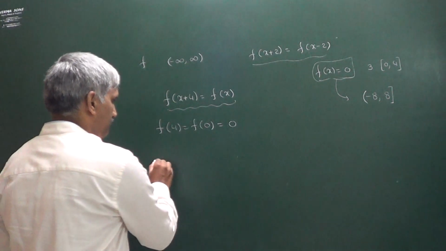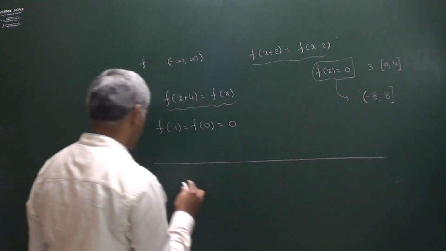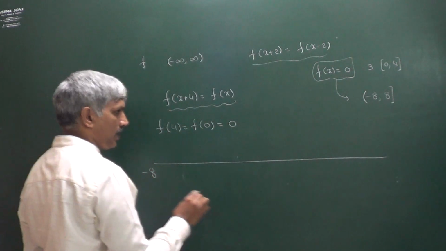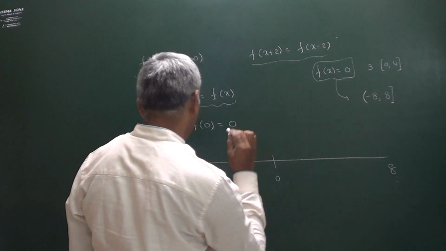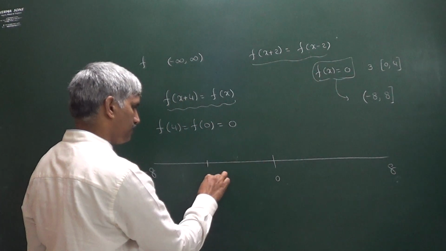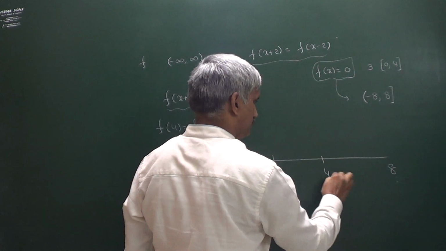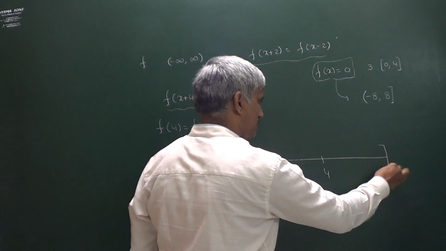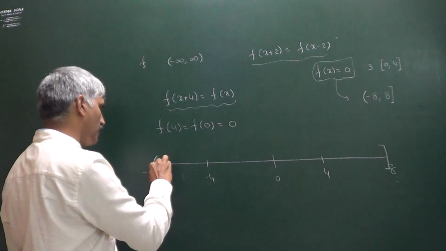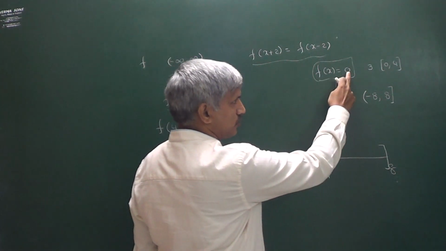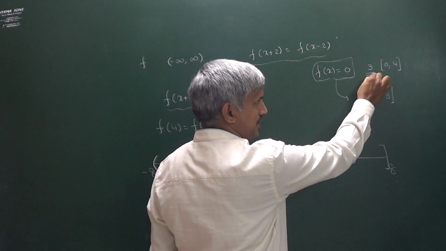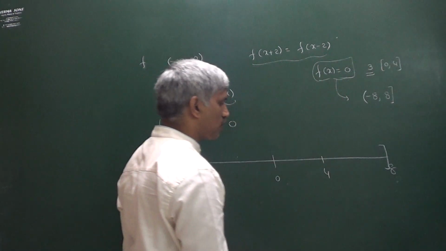So observe here. This is minus 8 and here we have plus 8. This is 0 and here we have minus 4 and here we have plus 4. Here it is asking about the closed interval and here it is an open interval. What information is there? f of x is equal to 0 has exactly 3 real roots in the closed interval 0, 4.